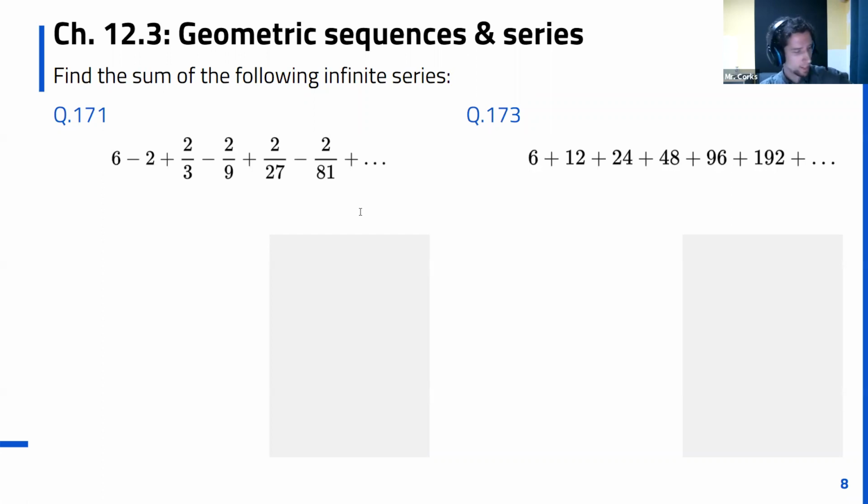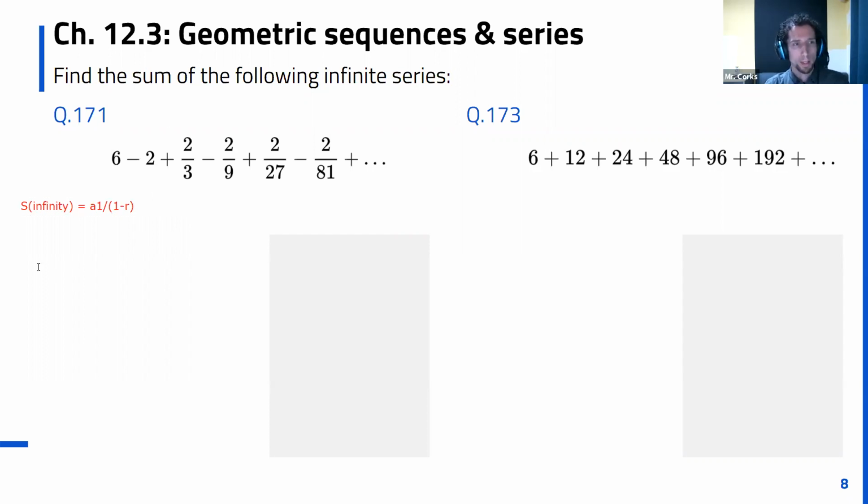All right, let's talk about these ones. Our infinite sum formula. Can someone please tell me what that is? A over 1 minus R. Oh, okay, so A1 over 1 minus R. That's it.